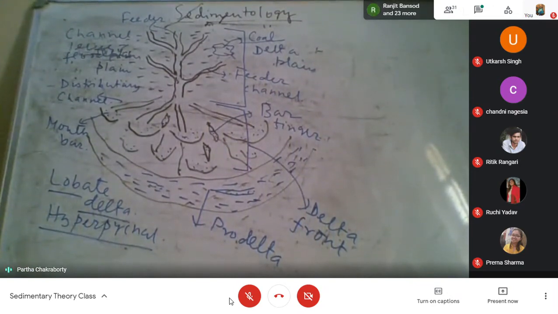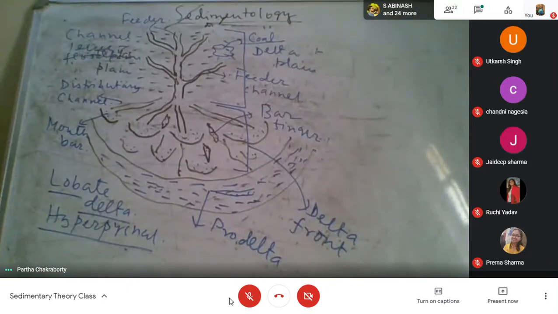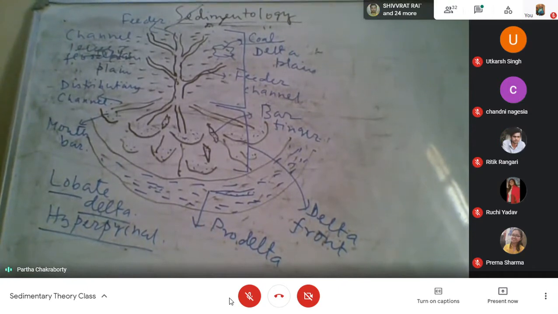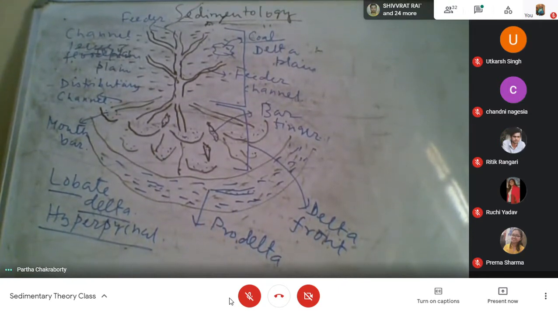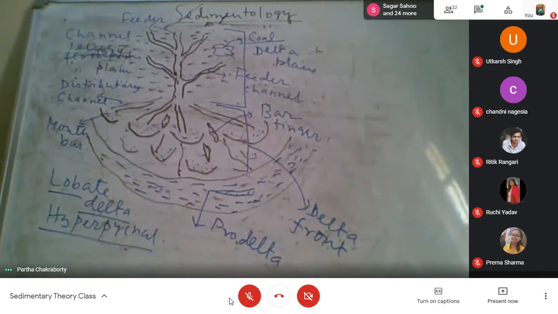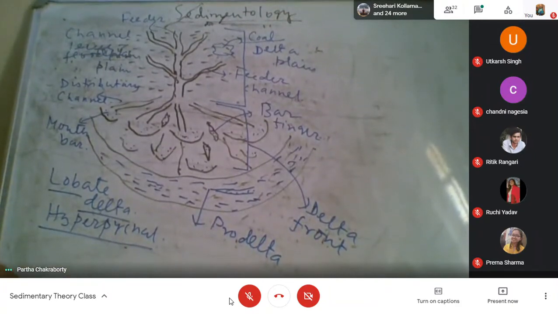Deltaic coal is very common. Where in India do we actually get the deltaic coal? Which coal in our country is basically deltaic coal? Any idea? It is the coal beds of Assam.